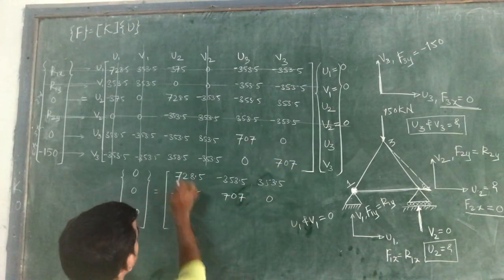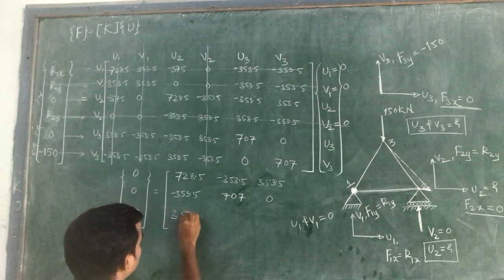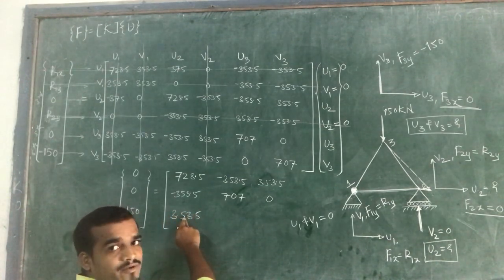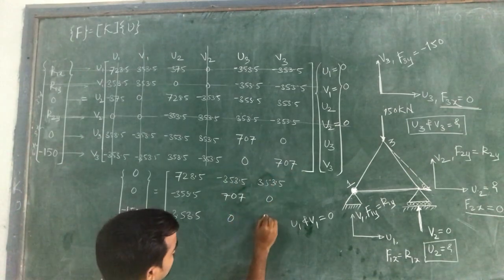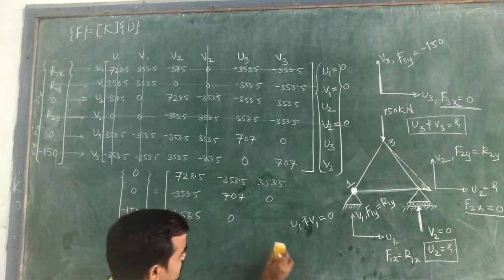Then 353.5, this value is 0 and this value is 707.